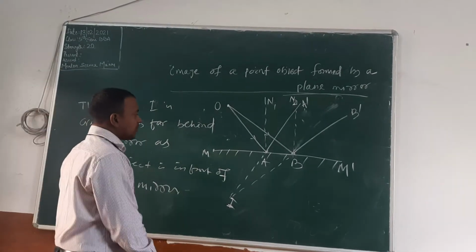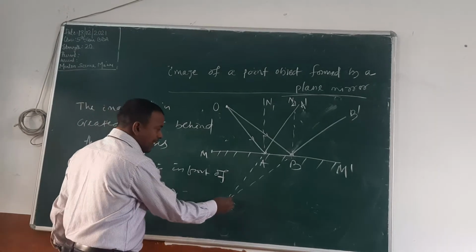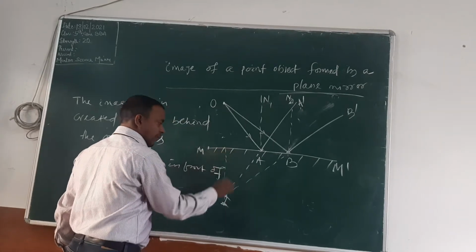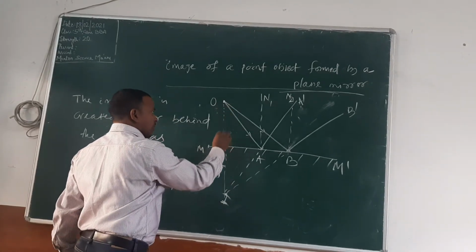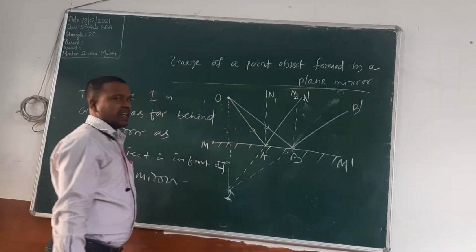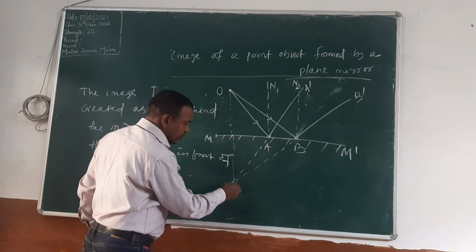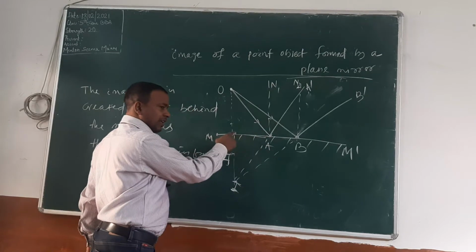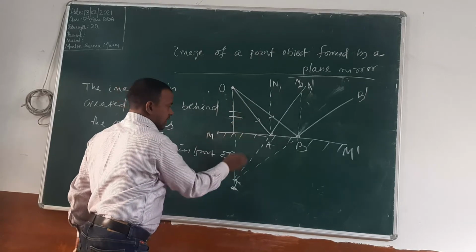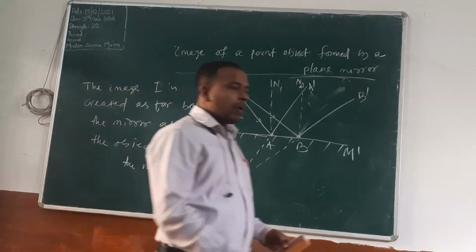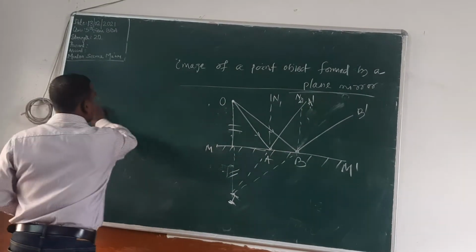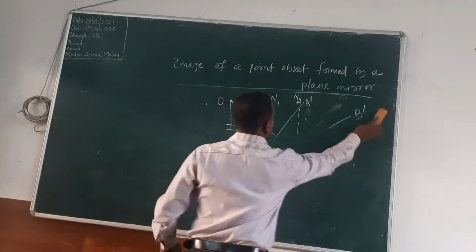Means the perpendicular distance or the normal distance of the image from the reflecting surface is the same as the distance of the object from the reflecting surface. That is the same. So now we have to prove that by another diagram.